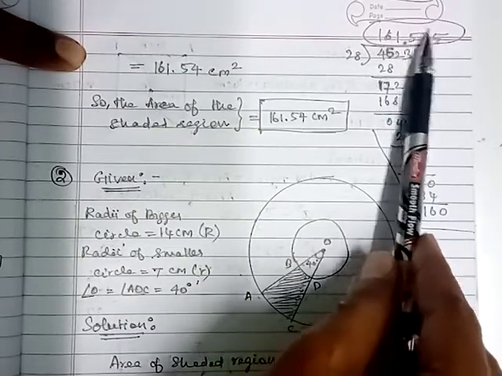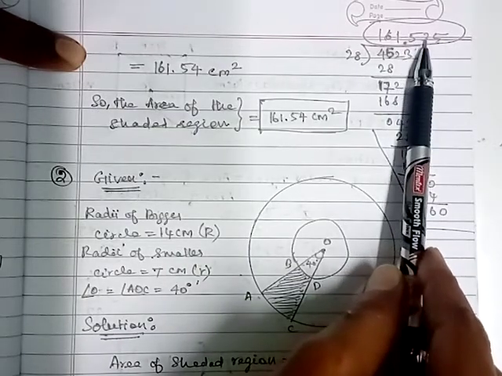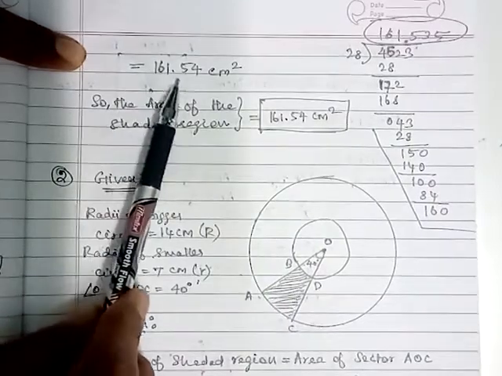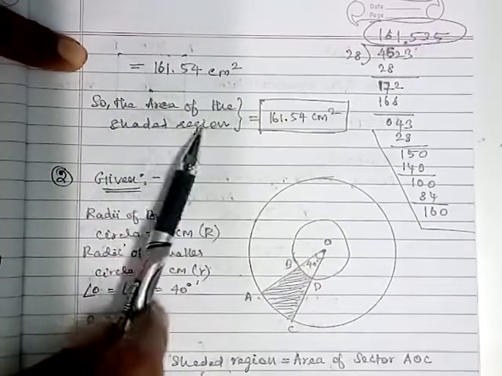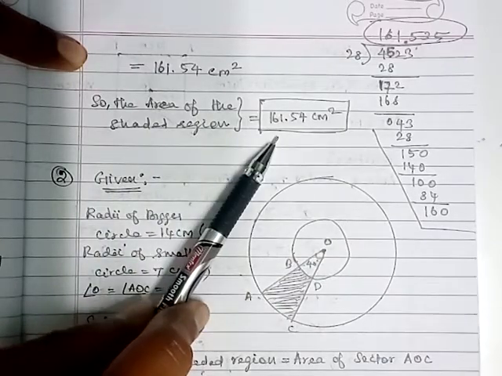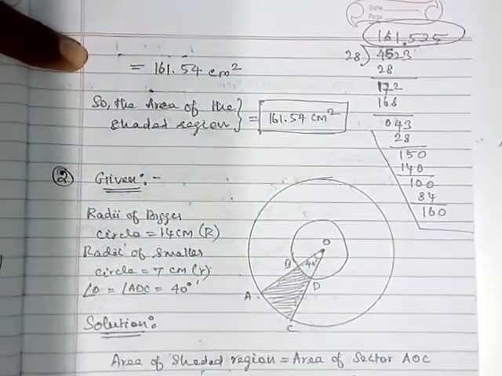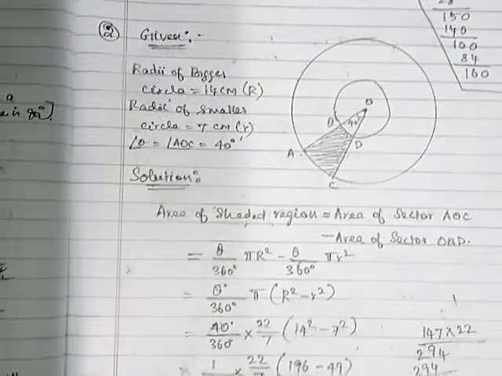You can round it up to the nearest value, that is 161.54. So the area of the shaded region is 161.54 centimeter squared.